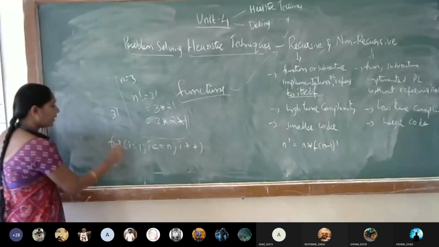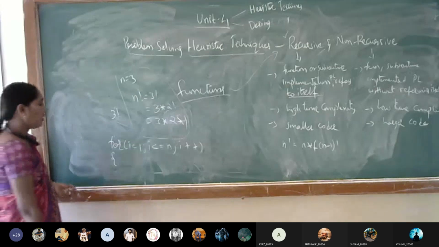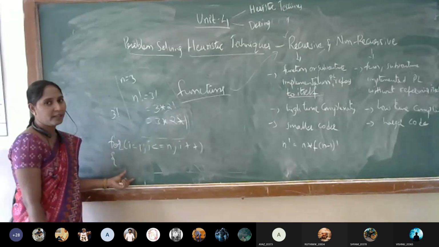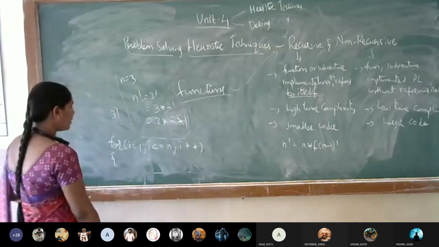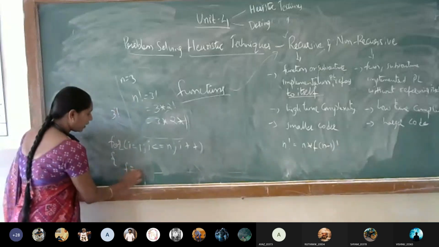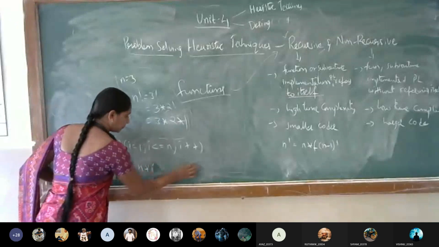Then after that we write the code for factorial: f is equal to n into i.